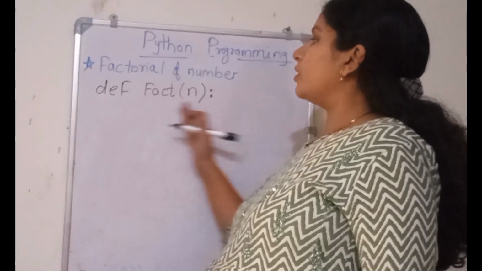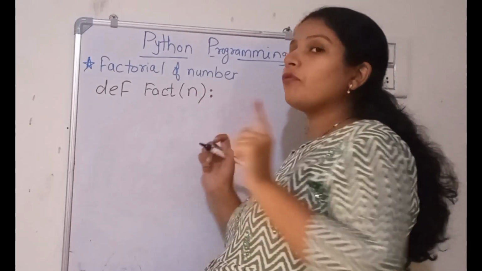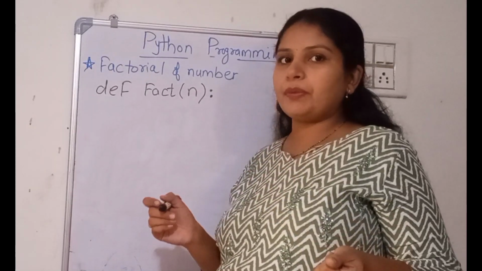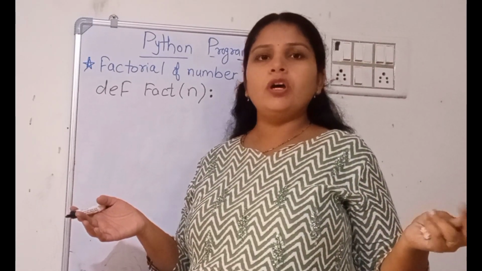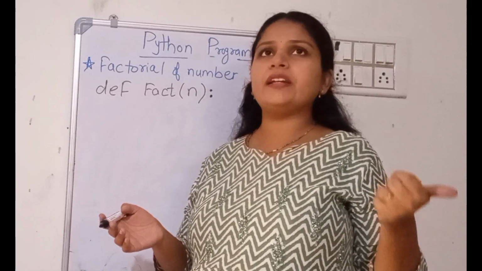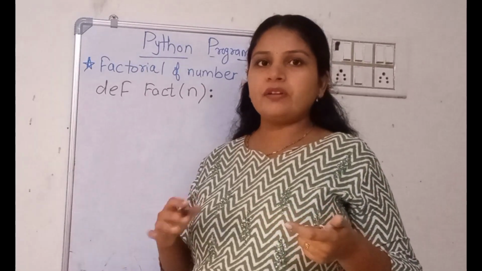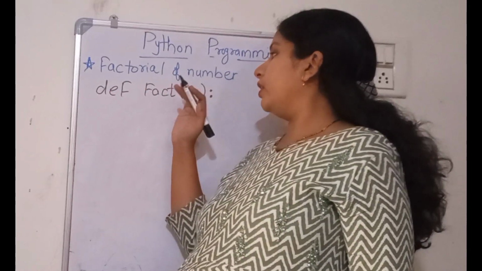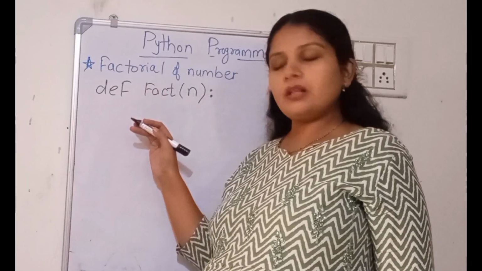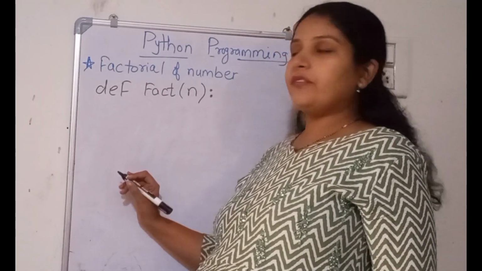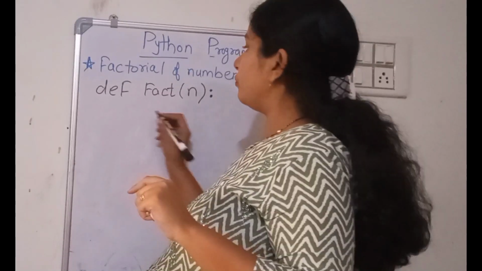Now here, first what you need to understand: if the value of n is 1, it might happen, because if you are taking the value from the user, the user can enter any value. User can enter a negative value, user can enter 0, user can enter 1 or a positive value greater than 1. So here you need to mention two conditions in the function itself, and then you can go ahead with the program.